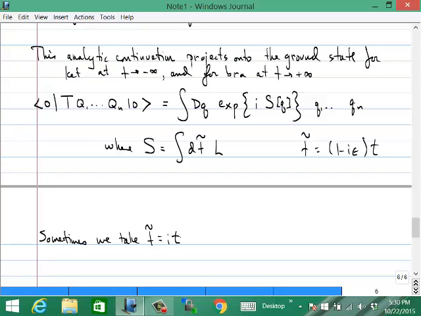And so you just make time purely imaginary instead of real. So this is known as the Euclidean continuation of quantum field theory.